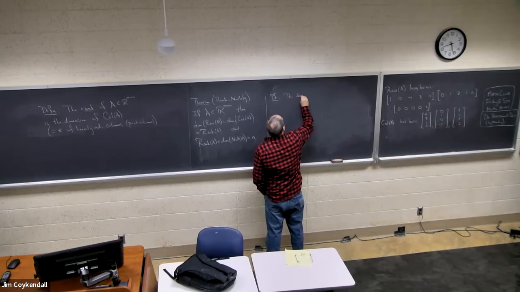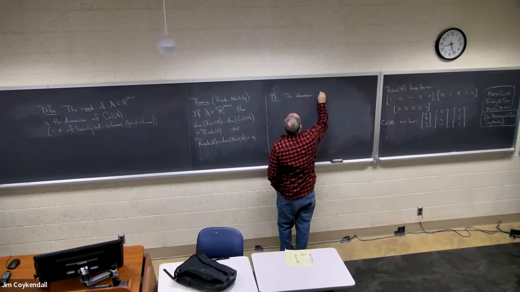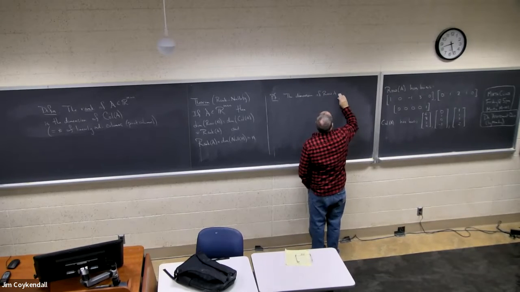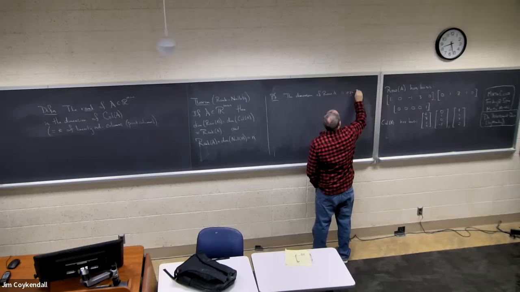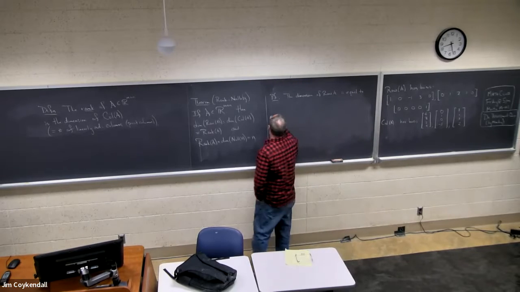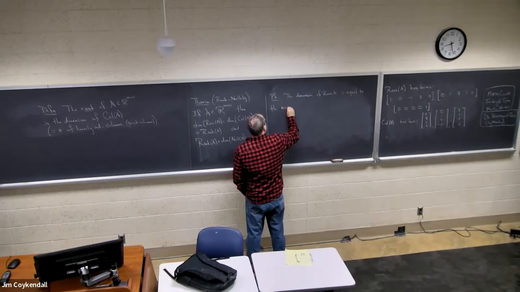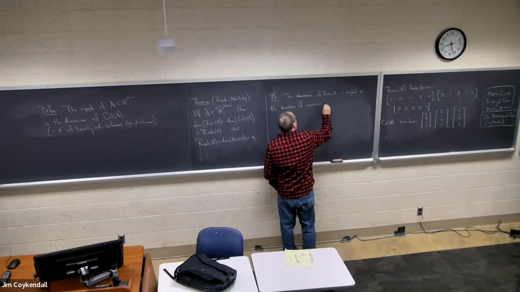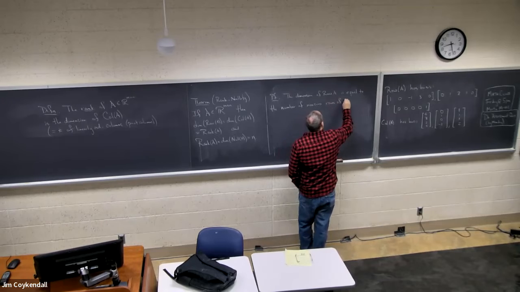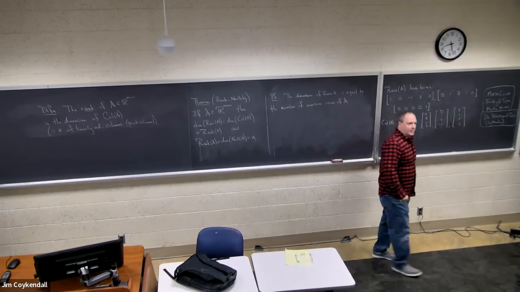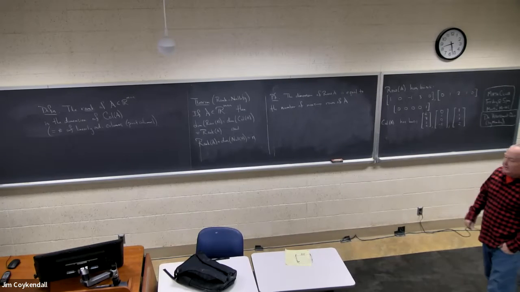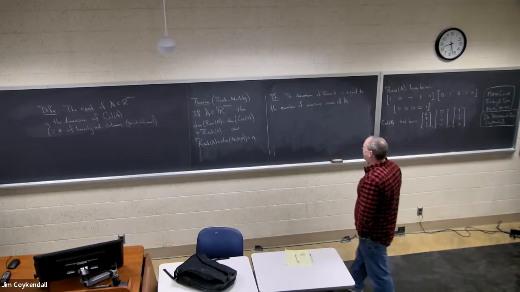The dimension of the row space of A equals the number of non-zero rows. That's what we had earlier: to find the row space, you reduce the matrix and the non-zero rows that you end up with form the basis.